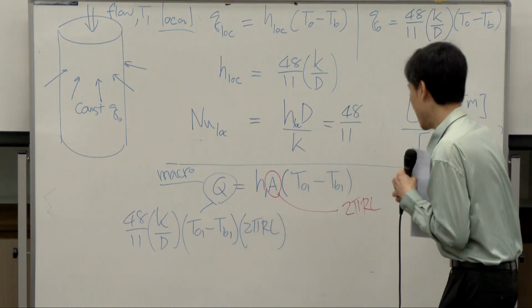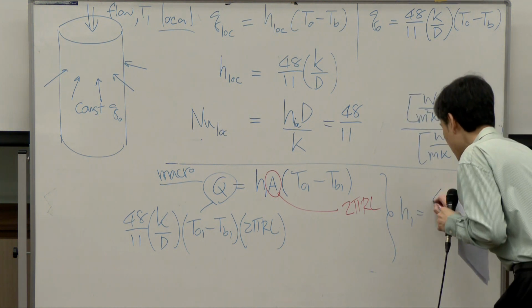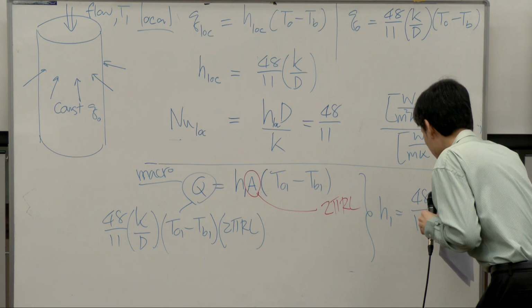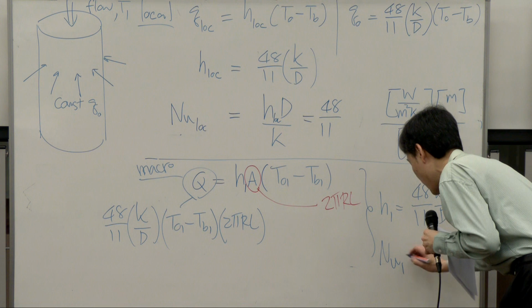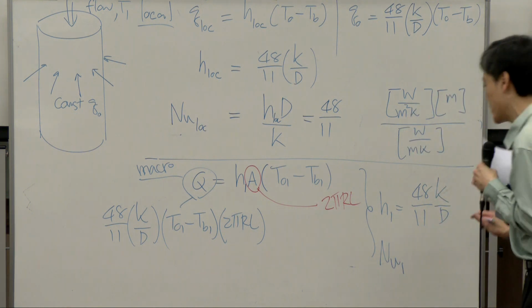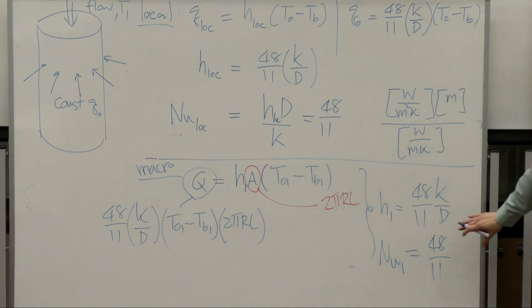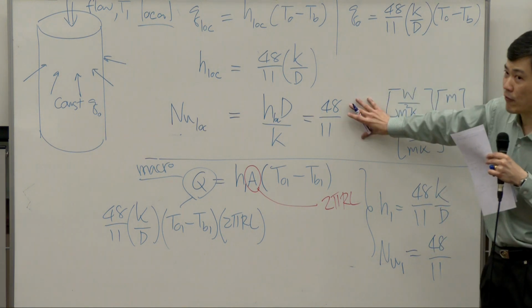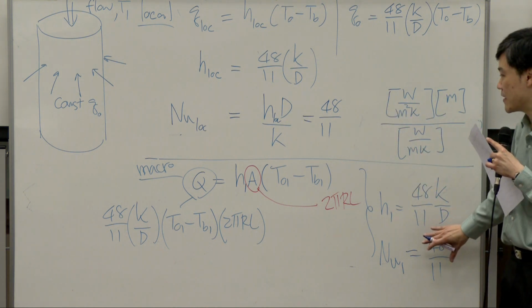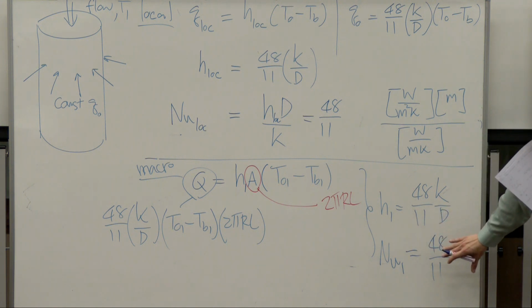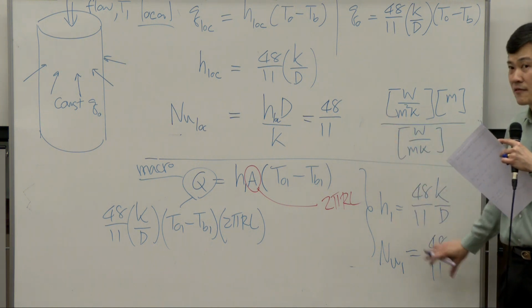You eventually end up with H1 equal to 48 over 11 K over D. Or the Nusselt number based on inlet temperature difference would equal 48 over 11, in the same manner as what we found locally. This is coincidence, not actually coincidence. If you do the calculation for arithmetic means or logarithmic means, you get another number.